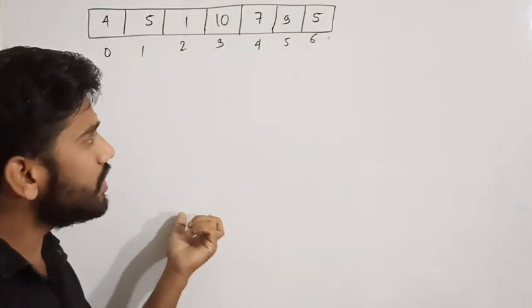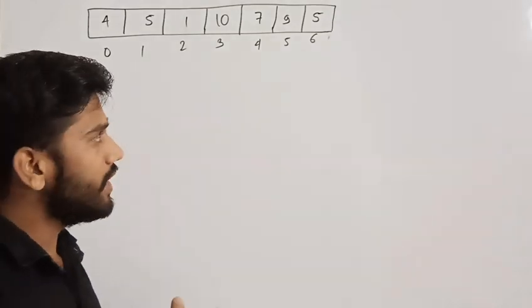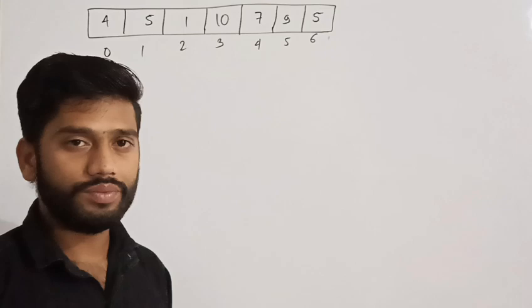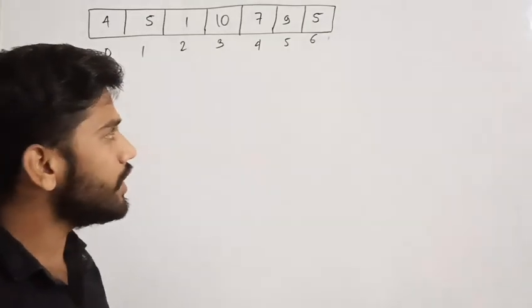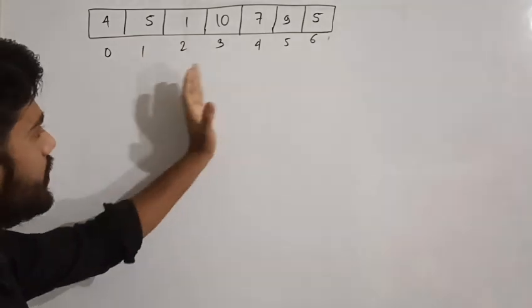This merge sort technique works on the divide and conquer technique. And what does divide and conquer mean? It divides the array into two halves.